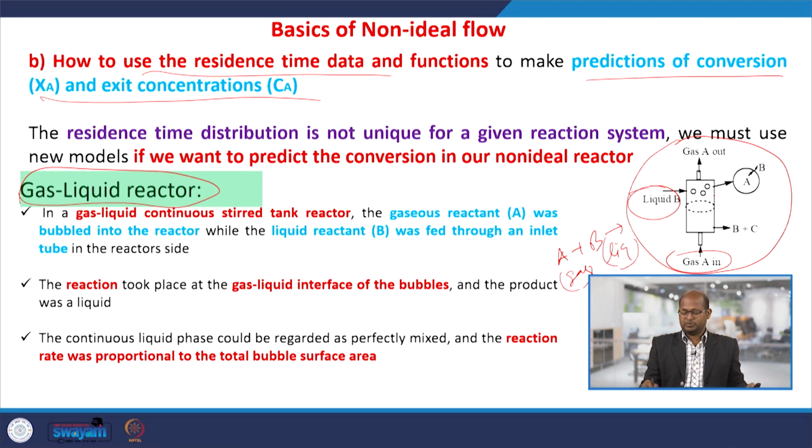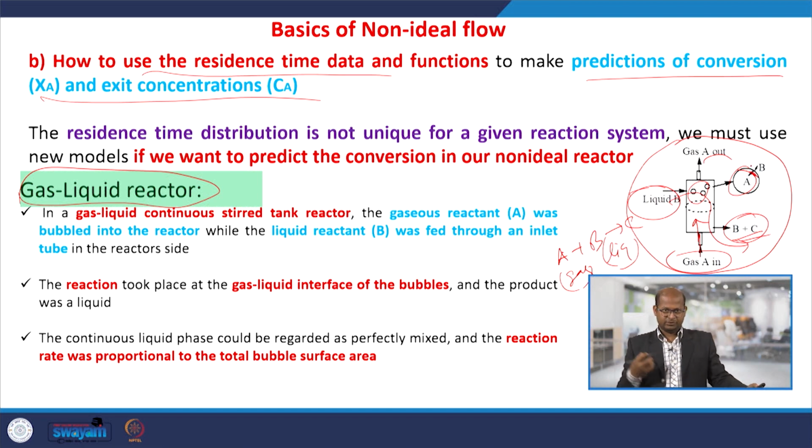B is passing from the top and A is entering from the bottom of the reactor in the form of gas bubbles. A is leaving this way and B is coming out after reaction this way, and product C is formed. If C is a liquid then both will come out from the bottom. Here there is bubble formation, and at the interface of gas and liquid, A and B react. Okay.